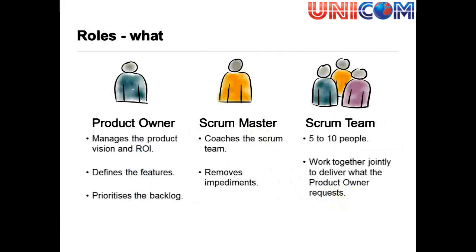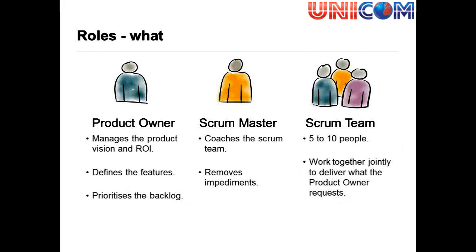So the roles. Okay, so we've got product owner, Scrum Master, and the Scrum team. The product owner is responsible for the backlog, managing the return on investment, the vision. They're defining the features. The product owner decides what goes into that backlog and the order in which items should be delivered.